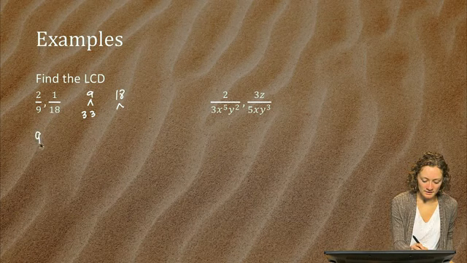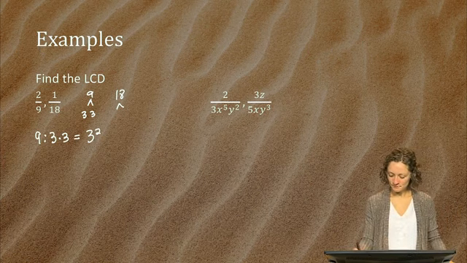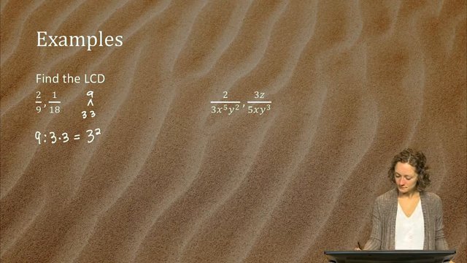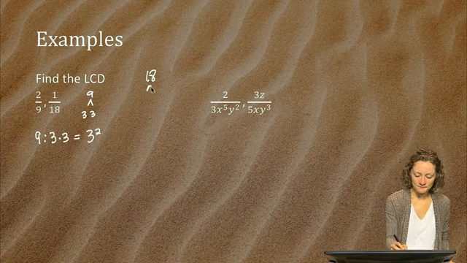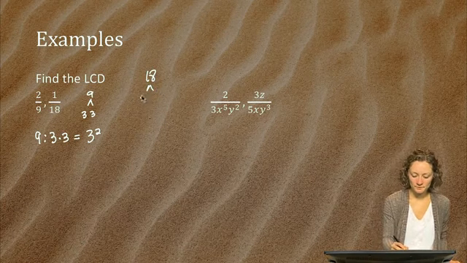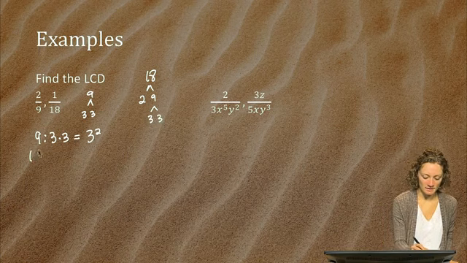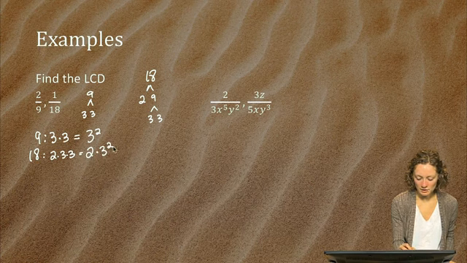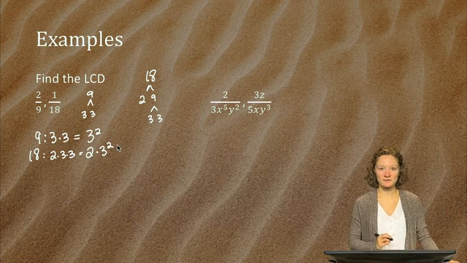So 9 can be written as 3 times 3, or more cleanly as 3 squared. And then 18 can be broken down to 2 and 9, and 9 to 3 and 3. So 18 is 2 times 3, or in a cleaner way, 2 times 3 squared.